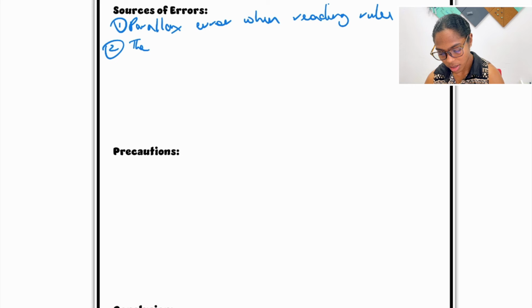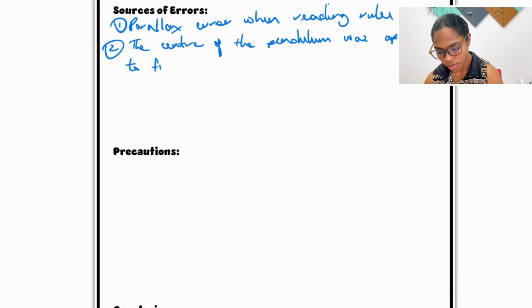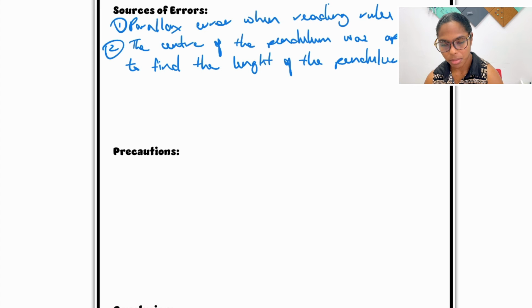So the center of the pendulum was approximated to find the length of the pendulum. What is another source of error?